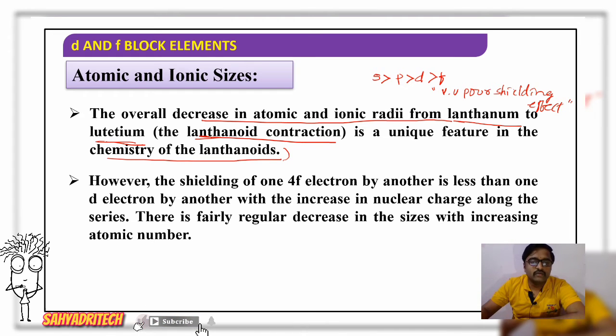The shielding of one 4f electron by another is less than that of one d electron by another. With increase in the nuclear charge along a series, there is a fairly regular decrease in size with increase in atomic number. In the case of lanthanides, as atomic number increases, there is a gradual decrease in the atomic as well as ionic radii.